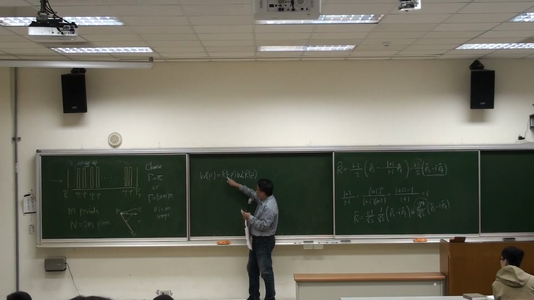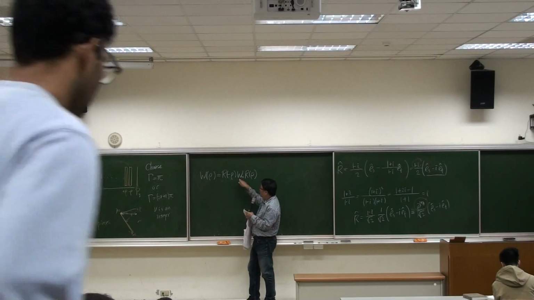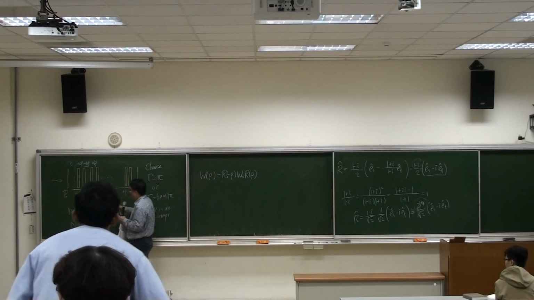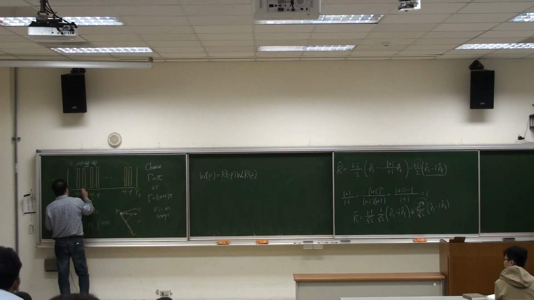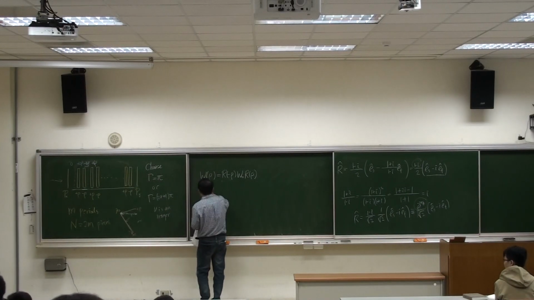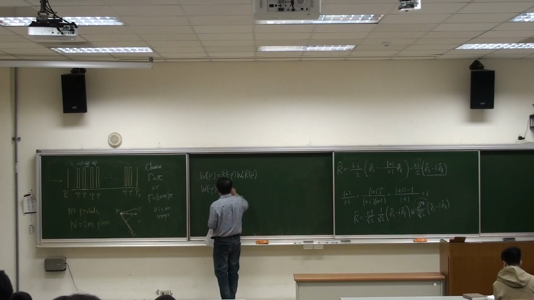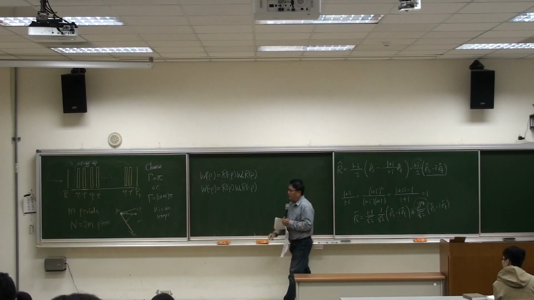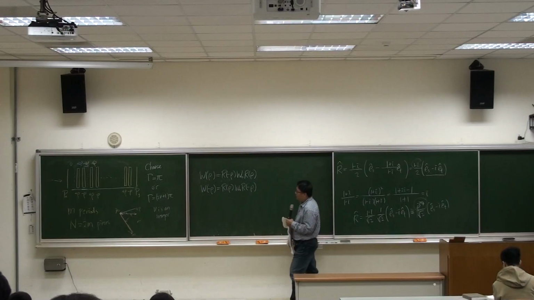W rho is R minus rho, W0 R rho. And the matrix of the second wave plate is represented by W minus rho, which is R rho W0 times R minus rho. Okay?